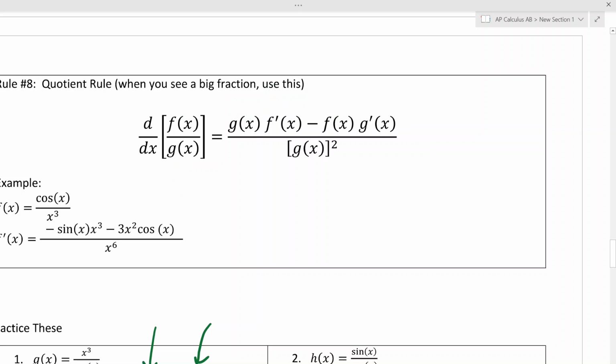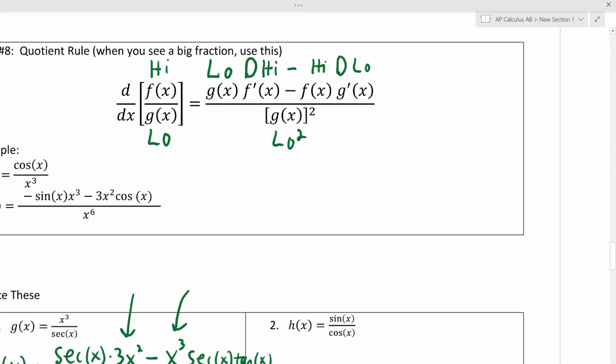If you think about this as the high function, the top function, and the low function, the mnemonic device for deriving a quotient, super fun to say, is: low D high, that's the low function times the derivative of the top function, minus high D low, the derivative of the low function, over low squared. So low D high minus high D low over low squared. It rolls right off the tongue.